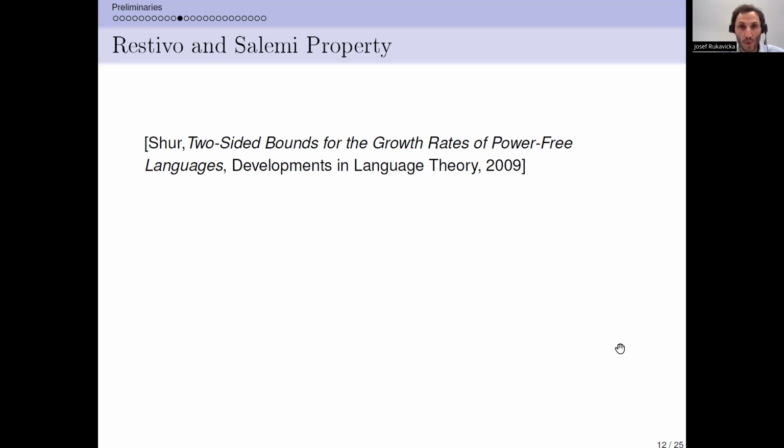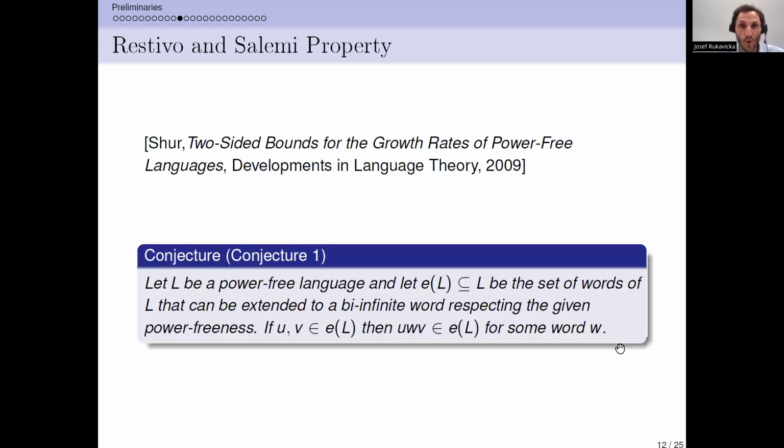And in this paper, Schur presented the following conjecture. Let L be a power-free language, and let IL, a sub-language of the language L, be the set of words of L that can be extended to a bi-infinite word respecting the given power freeness.